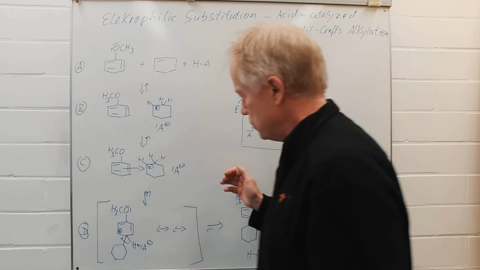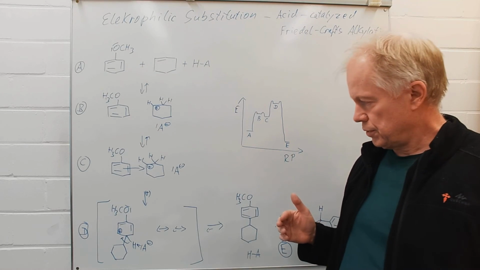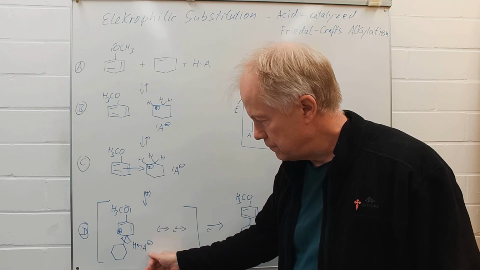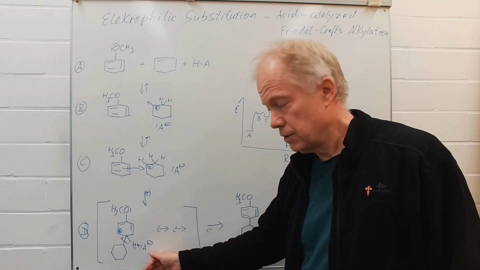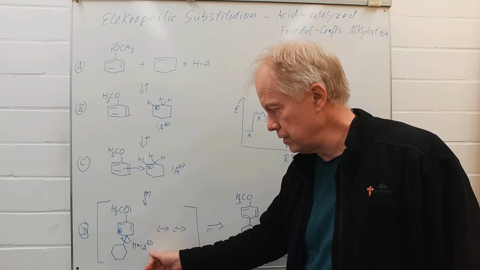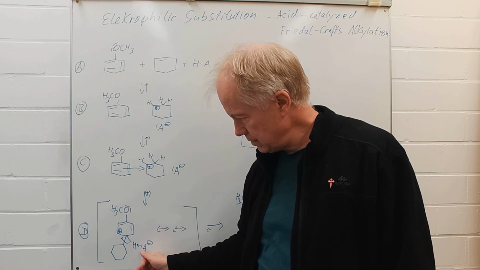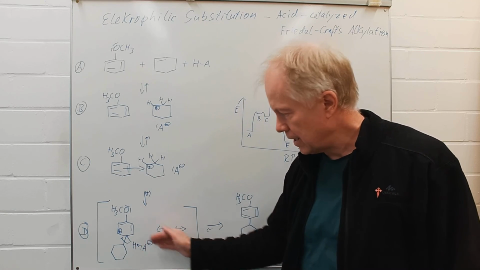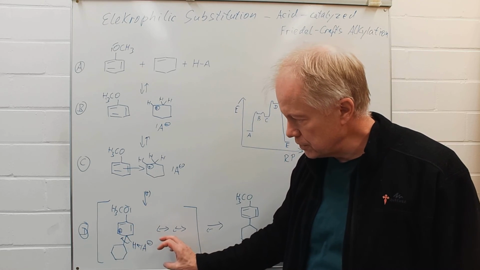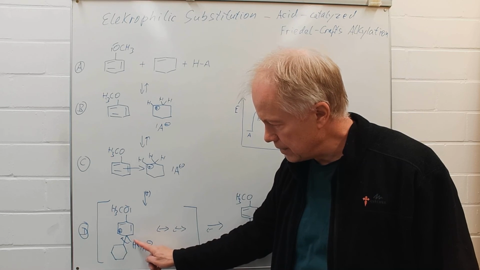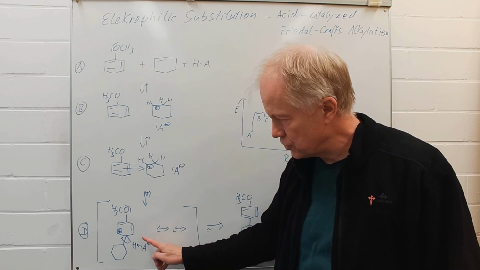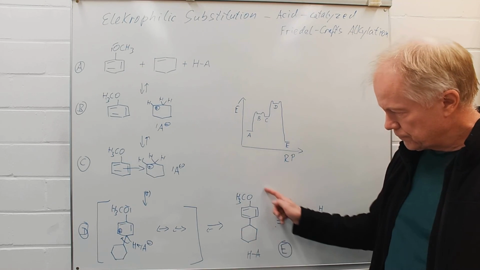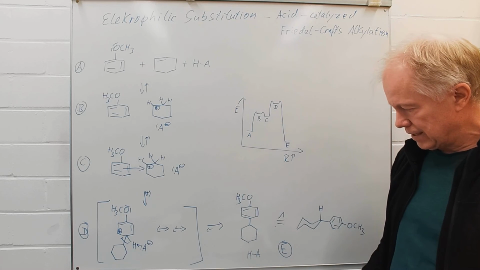Well, and now the next step is rather simple. We have the counteranion still in close proximity. It can then deprotonate here, just grab that hydrogen, remove it, and through this process the aromatic system is restored and we are at that product.